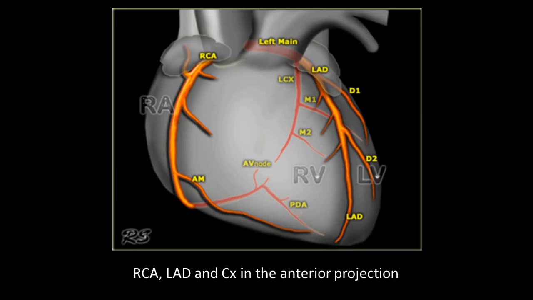This is an illustration of the coronary arteries. So we have the left main and the right. The left main then gives the left circumflex. This is running posteriorly and laterally, and this is the left anterior descending on the surface of the heart. These are the diagonals.